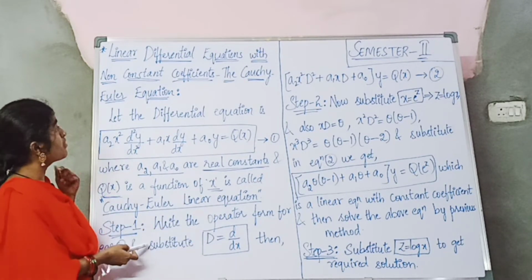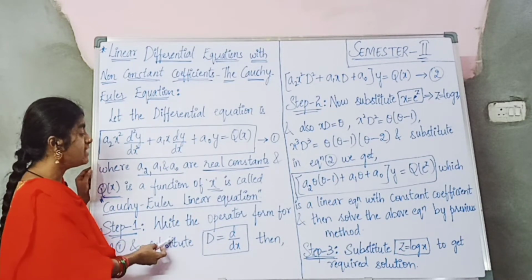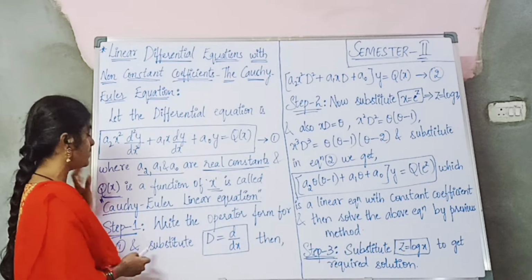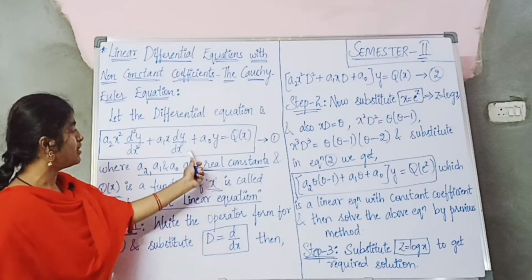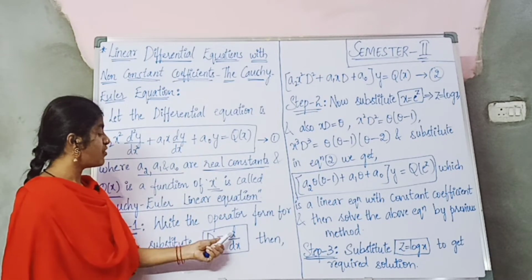Now let us discuss this Cauchy-Euler equation stepwise. Coming to step 1, write the operator form for equation 1. We substitute capital D in the place of d by dx.